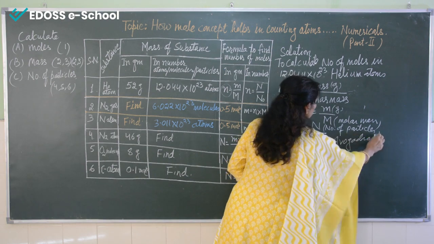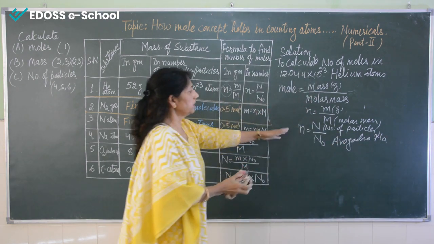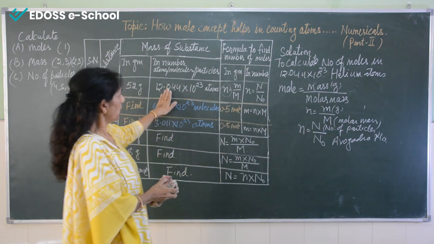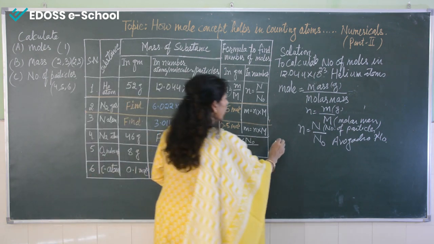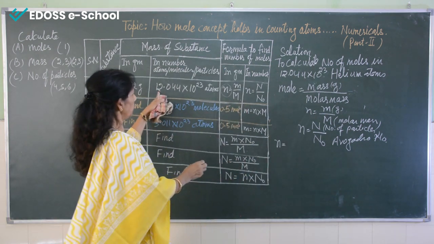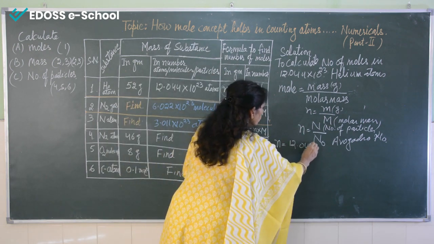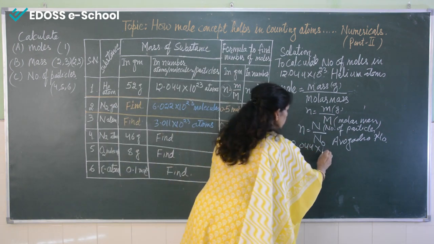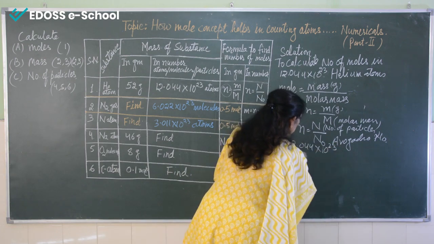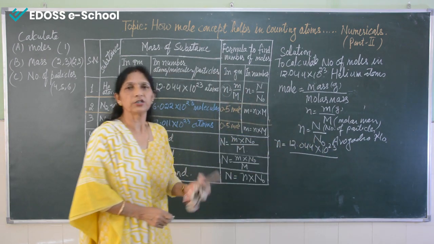So in the same question, how will we do it? N is equal to 12.044 into 10 raised to power 23 divided by Avogadro number, whose value is fixed.